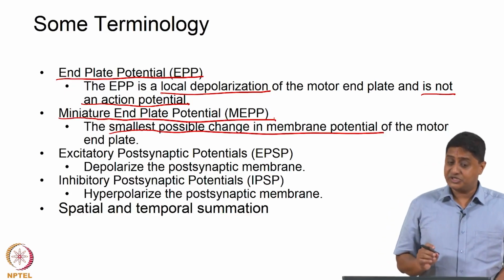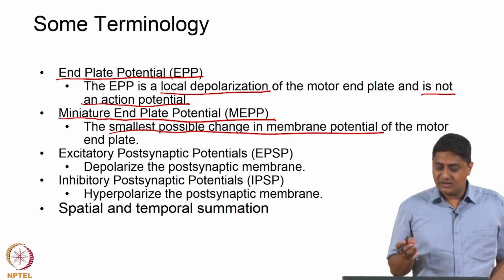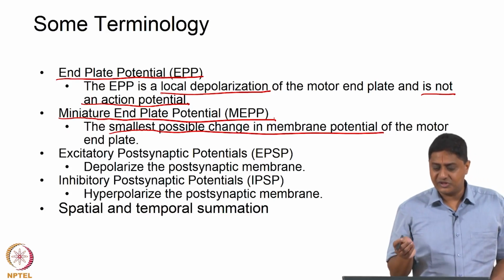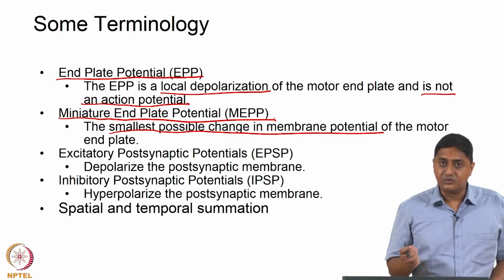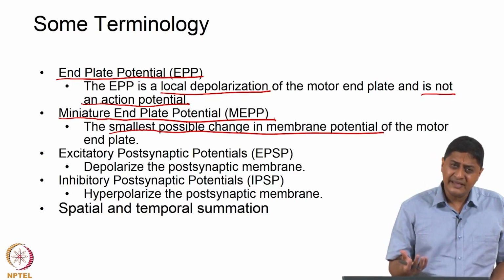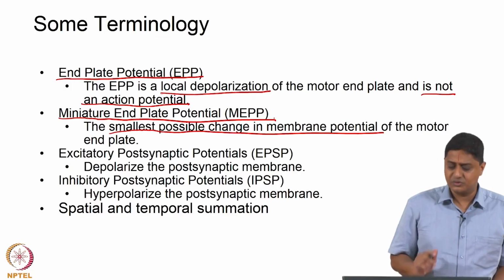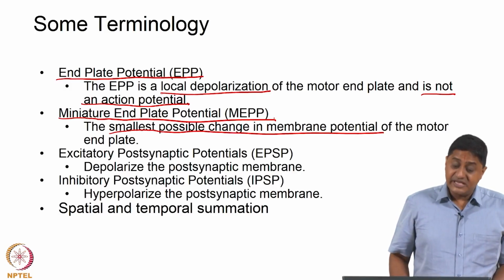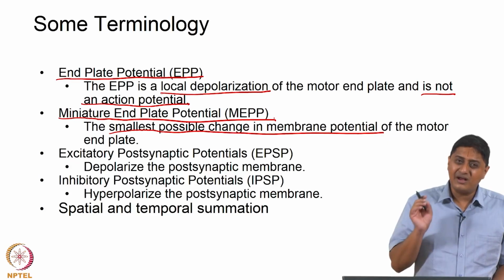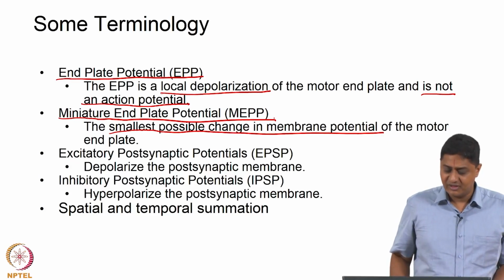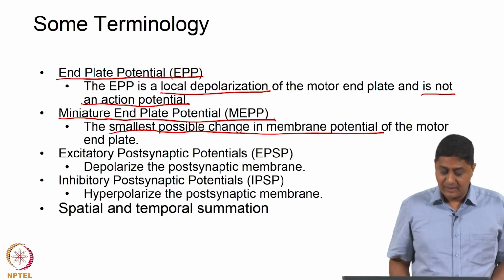So, the end plate potential is a local depolarization or a graded potential that is caused due to spontaneous release of acetylcholine from the presynaptic membrane, not necessarily due to an action potential. Whereas the miniature end plate potential is the smallest change in membrane potential of the muscle fiber that is caused due to one acetylcholine molecule.